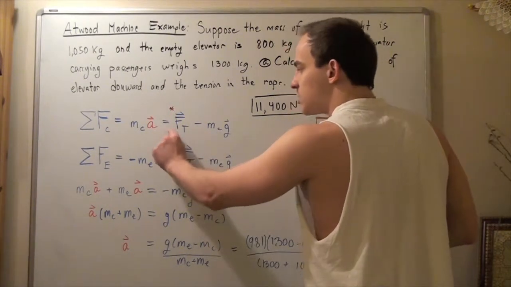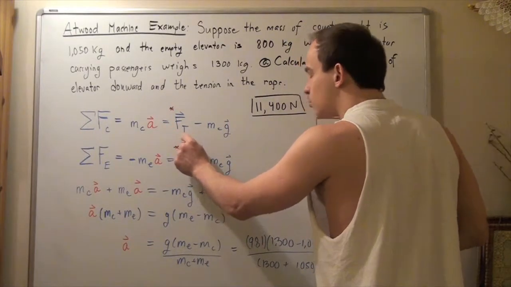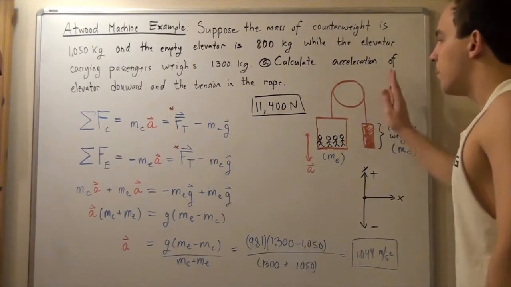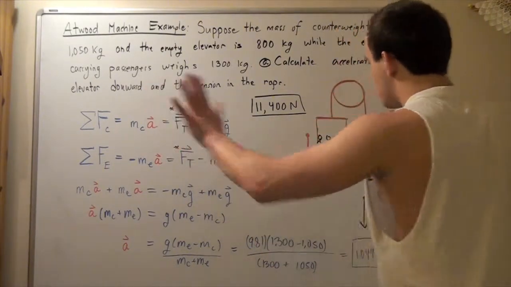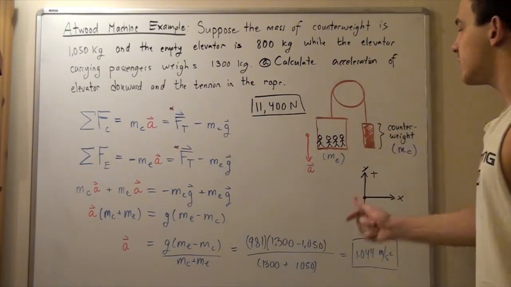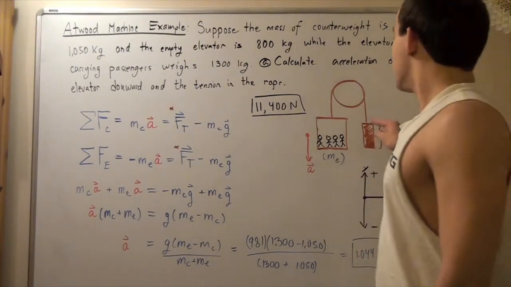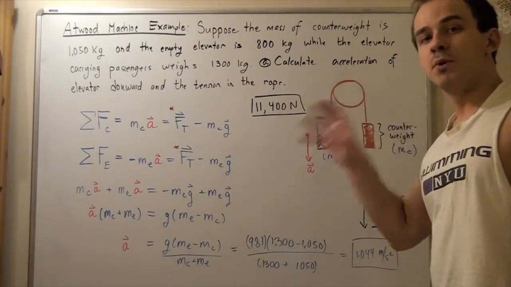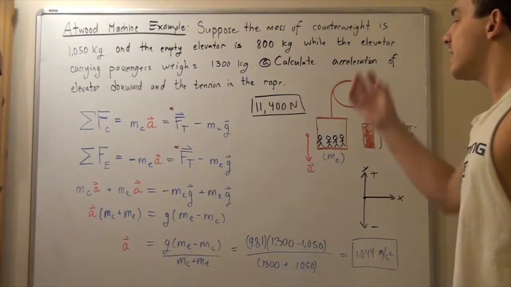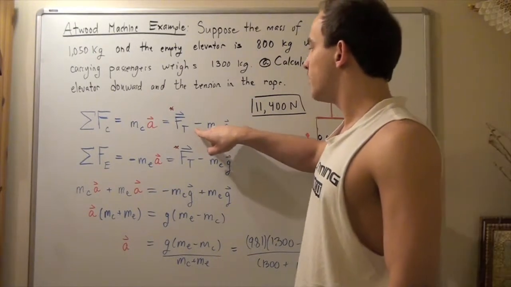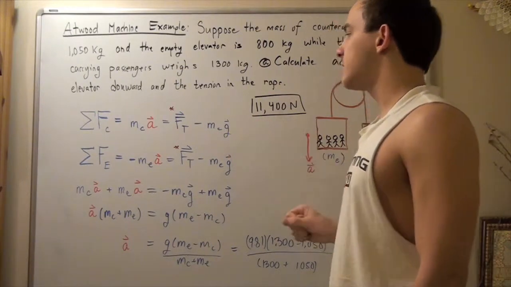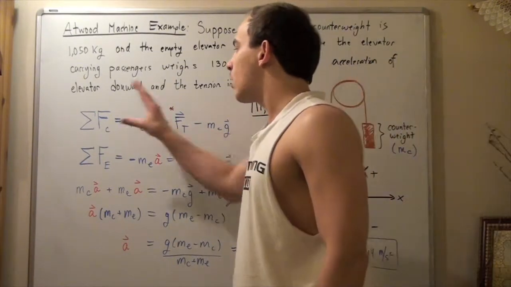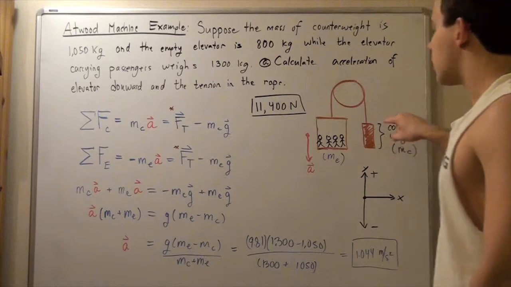So this equals the force due to the tension in the rope, which is going upward, and that means it's positive, because remember, we defined upward to be positive and downward to be negative. The gravitational pull on this mass is going downward, so we put negative m subscript c times the gravitational constant g. So this is our equation for our counterweight.